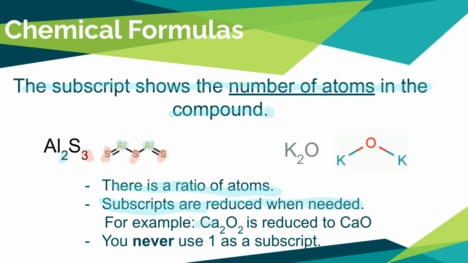So for example, Ca2O2 is reduced to CaO. You'll never use the number 1 as a subscript. It's implied. Just like in math, we don't write 1x, we just write x because that 1 is implied. Same with K2O, we don't need to write K2O1 because that 1 is implied.